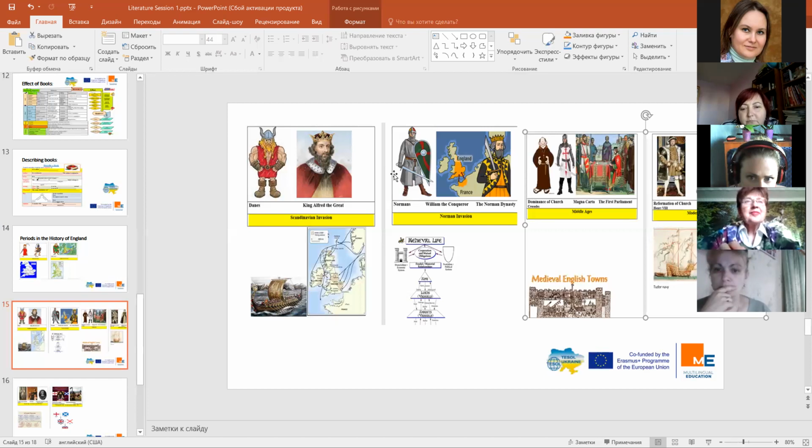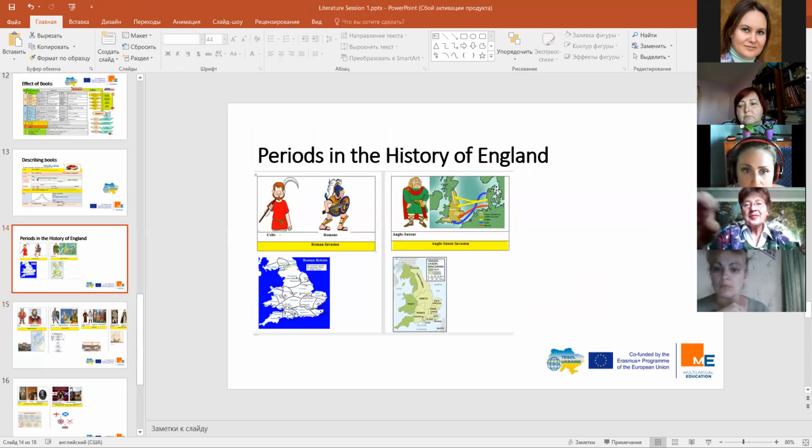So, the timeline. This is the great period of invasions in the British history, and they all are connected with the English past. At first, this is the Anglo-Saxon invasion. They come from these bleak places in Scandinavia.